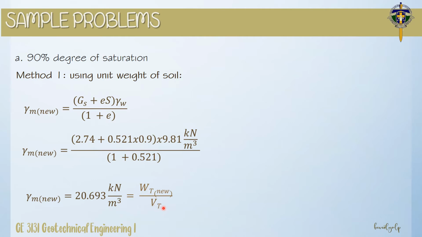So ang i-consider lang natin dito na volume ay 1 cubic meter. So therefore, we can now solve the new weight of water for 90% degree of saturation. So weight of water is equal to 20.693 kilonewton divided by cubic meter times the volume, which is 1 cubic meter. Cubic meter and cubic meter will cancel out.